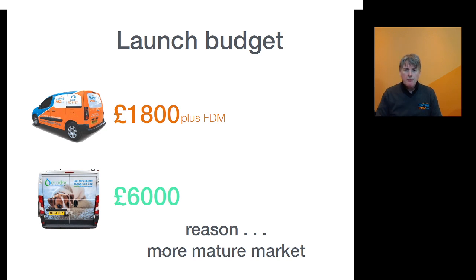So we think that the marketing launch budget, which for GutterPro is £1,800 plus the franchise direct marketing that you carry out yourself. But for the EcoDry business, we believe we have to put about £6,000 into the initial promotion, and not just over the first quarter, but over the second, third, and fourth quarter as the business develops.